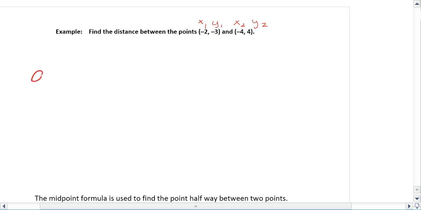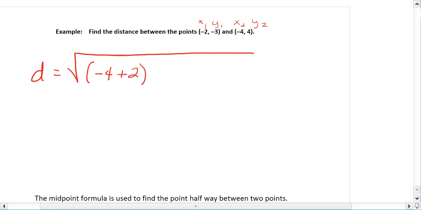So now let's plug them into the distance formula. Let's give ourselves a nice big square root. So the first is x2 minus x1. So I chose x2 to be -4, and x1 is -2. So is that okay? I'm subtracting a -2, that double negative. I'm going to go ahead and write +2 so the double negative doesn't confuse me.